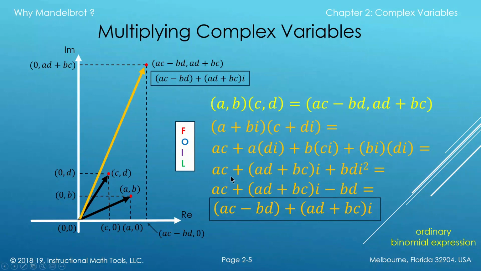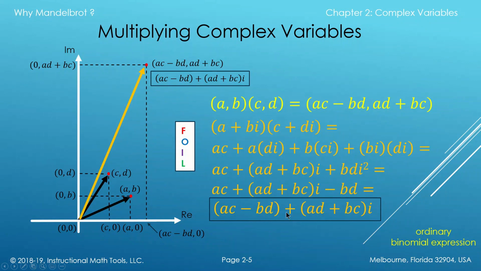All right, so you've got AC, and then you try to associate like items. You have some things with i's in them, so you pull them together. You pull AD together with BC, and so now you have (AD plus BC)i, and then you have BDi squared, because when you multiply these two together, the i's multiplied become i squared, which is essentially -1, which causes this positive to turn to a negative.